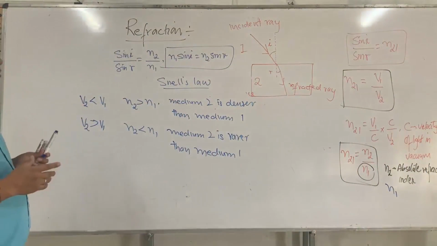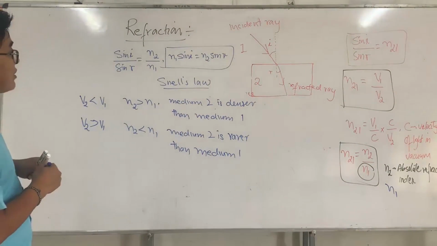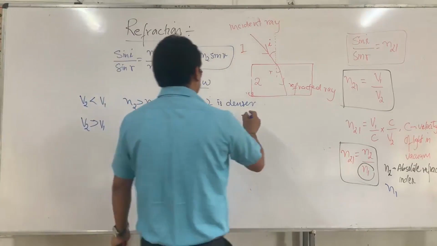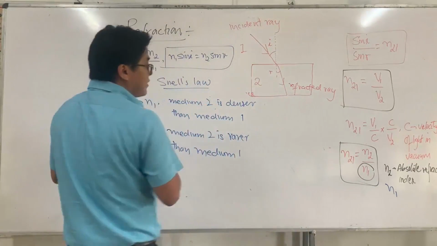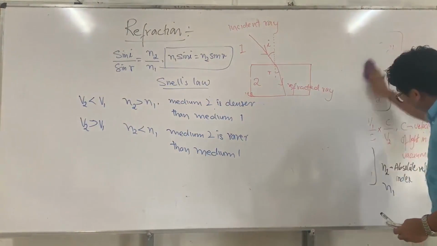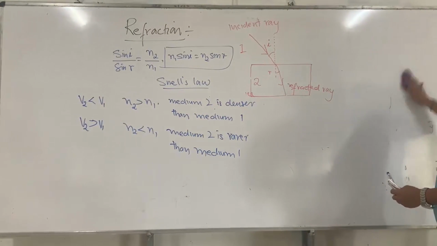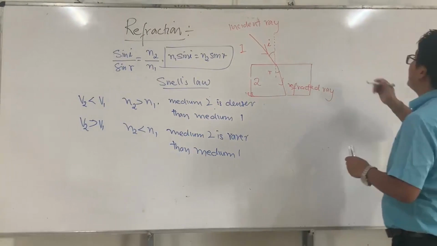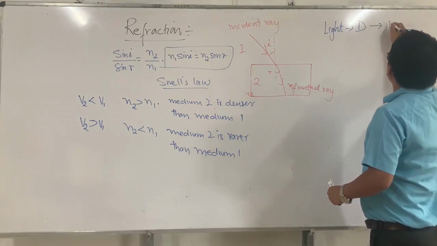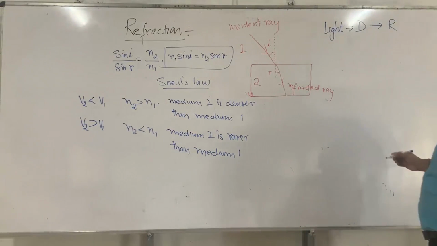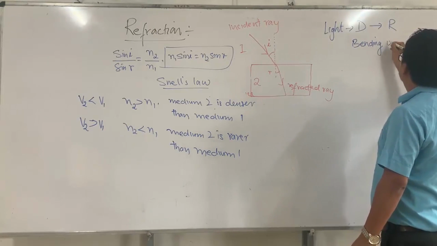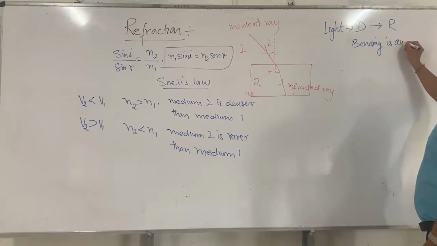Therefore, I would like to have a small conclusion on how bending takes place. If a light goes from denser to rarer, the bending is away from normal.